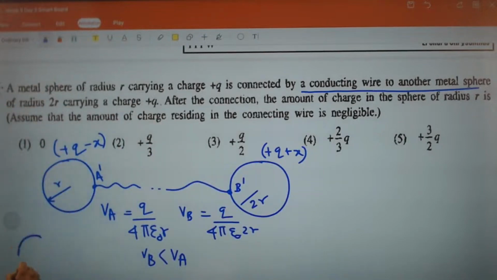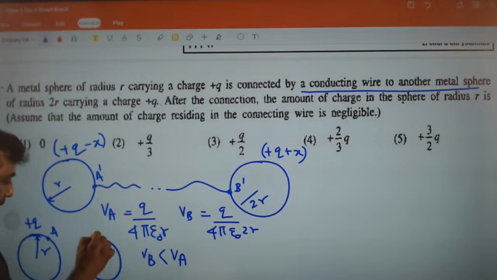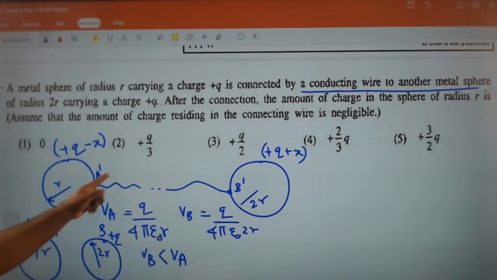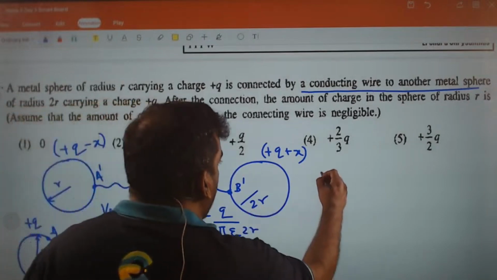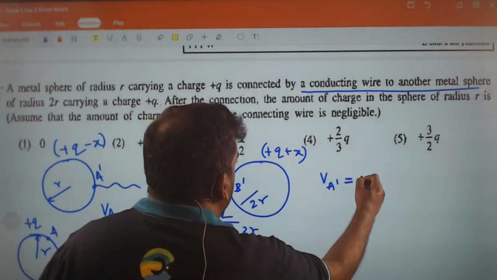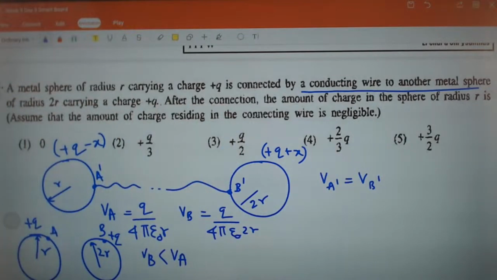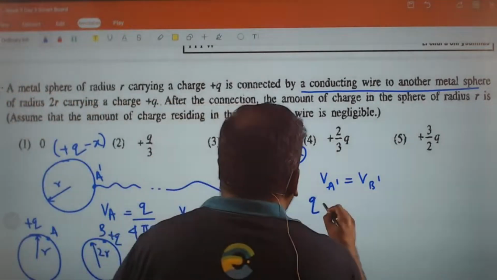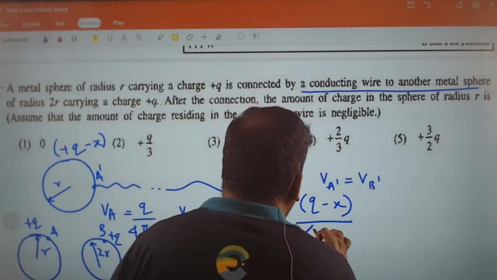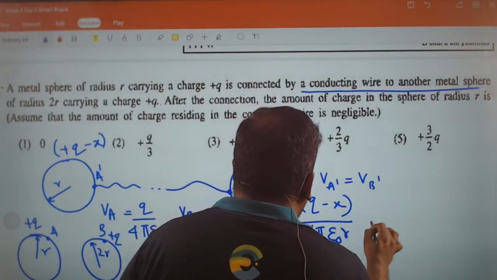If you take the spheres separately, A and B, you can find the potential. Now once you connect, charges will travel until the potentials are equal. So here you can say (q minus x) divided by 4 pi epsilon naught r.